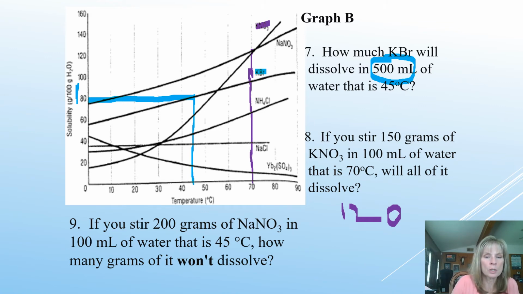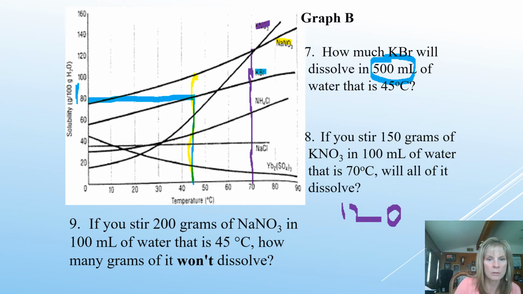If you stir 200 grams of sodium nitrate in 100 milliliters of water, that's 45 degrees C, how many grams won't dissolve? So we already know that some of it's not going to dissolve. So we have to look and see how much is going to dissolve. Well, sodium nitrate right there. So it's this line right here. 45 degrees puts me about, and keep going with this line and hit sodium nitrate.